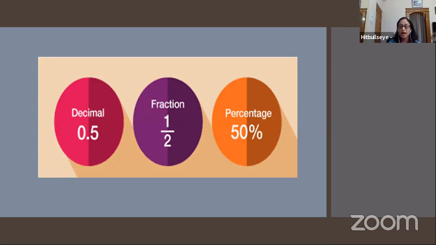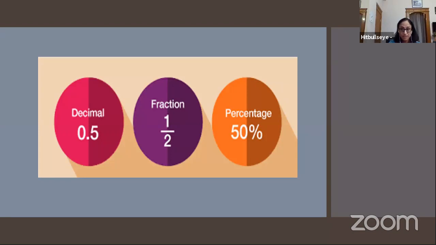When you say that I have used 50% of the chocolate that was lying in my fridge, I basically mean that I have eaten half of my chocolate. Or in decimal way, I can say that I have eaten 0.5 of the chocolate, right? So it all means exactly the same thing. But yes, it's very important to be aware of other percentage conversions to fractions also.